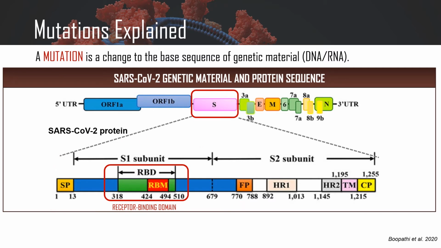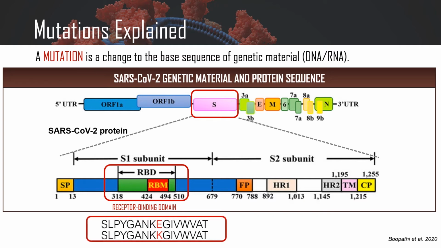Now, if any kind of change occurs within this particular region, it could cause a change in the function of that particular protein. One example, which is the E484K mutation, which you may or may not be familiar with, is a biologically relevant or important mutation as it occurs within an important structural protein, as we've spoken about, which is the spike protein.